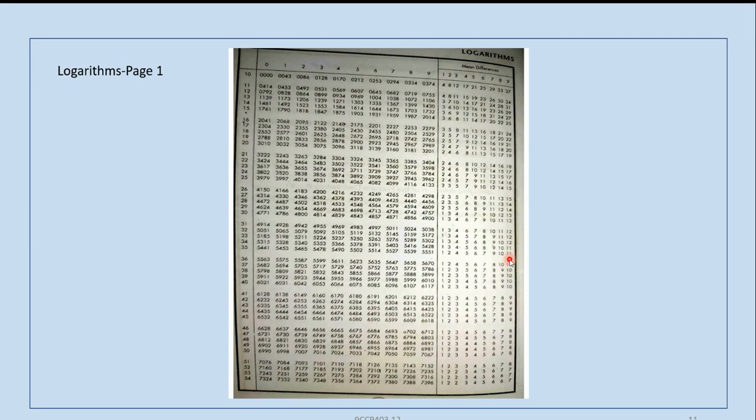You take logarithms separately for both the numbers and then add both these logarithms. The result is the same as what we get when we multiply 3589 and 7759. So this is the method of taking logarithm.